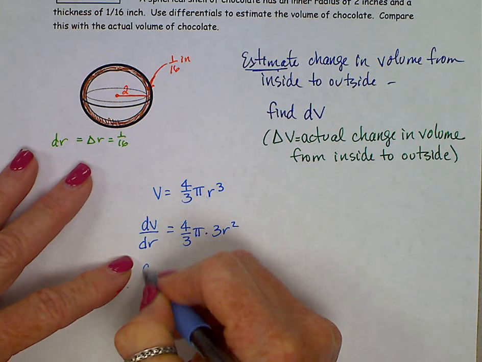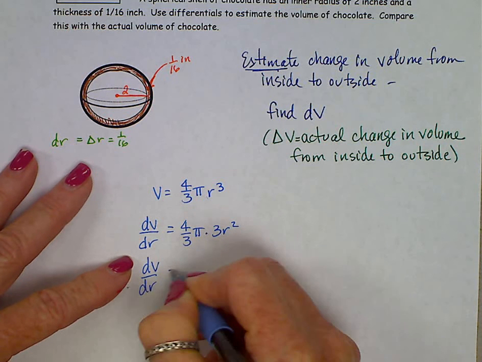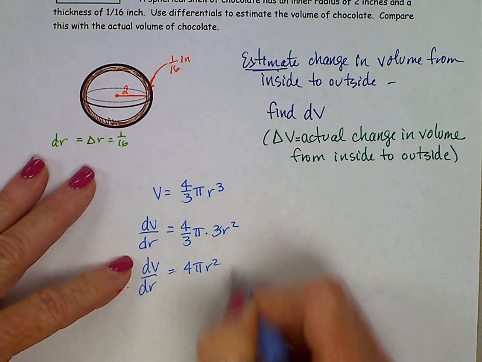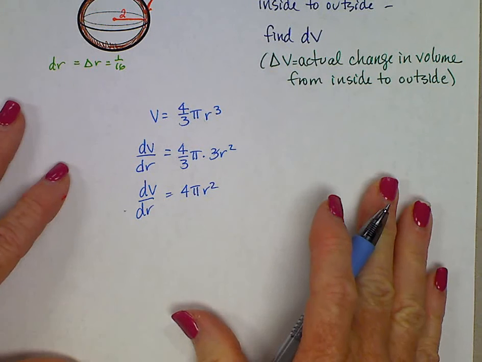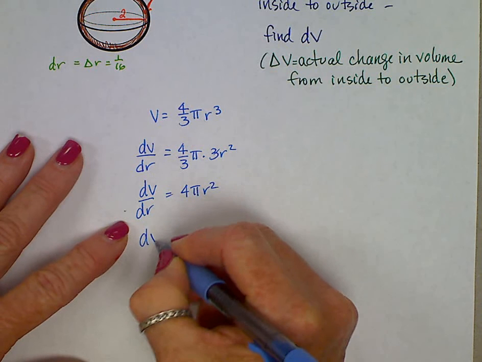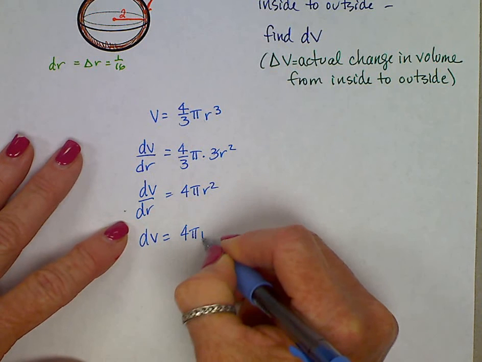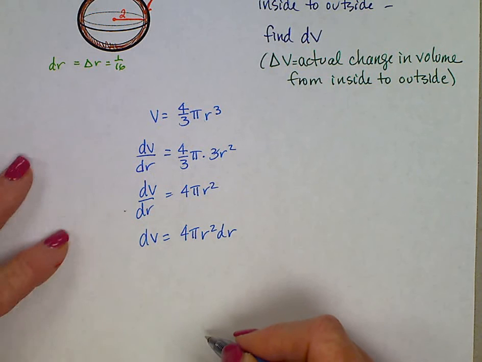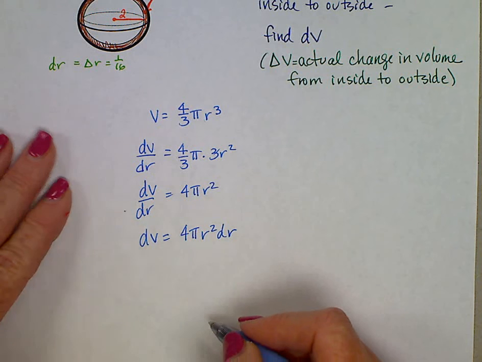Simplify, and we'll have 4 pi r squared. We are wanting to find dV, so let's multiply by dr. dV is 4 pi r squared dr.